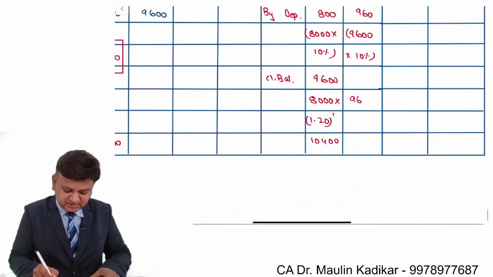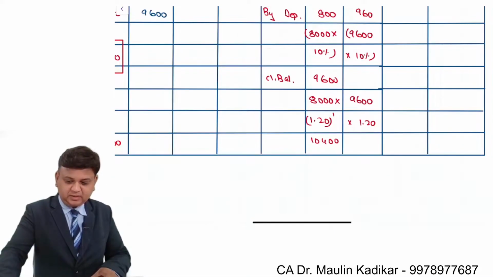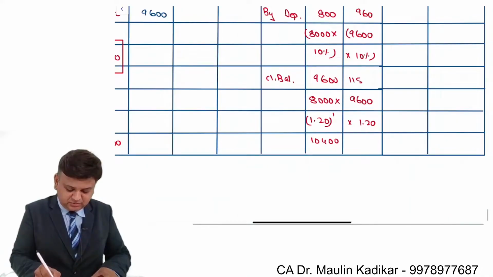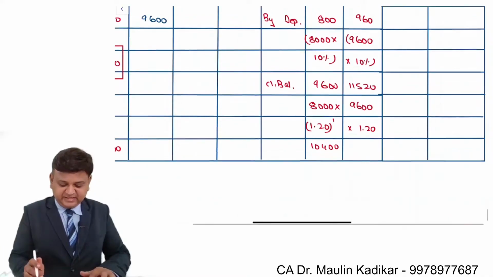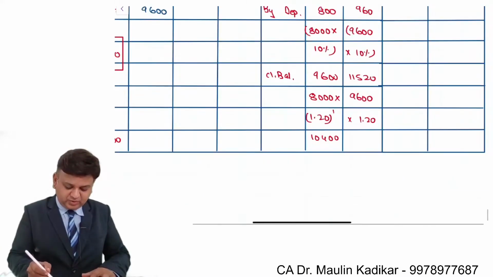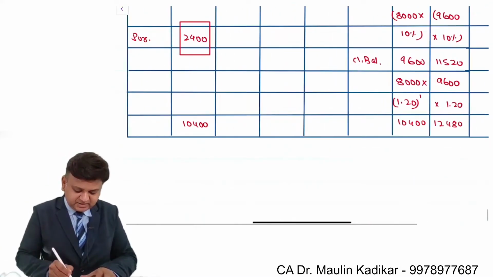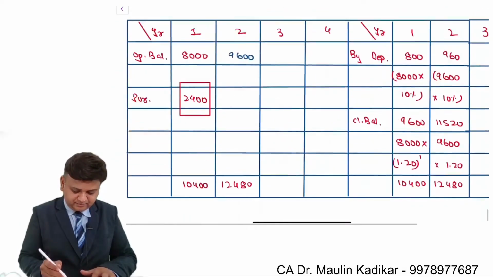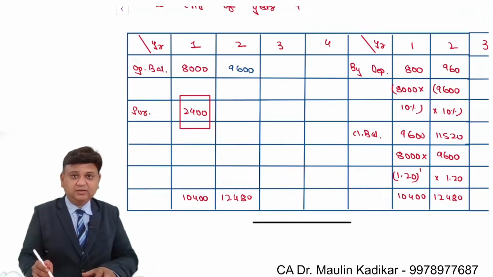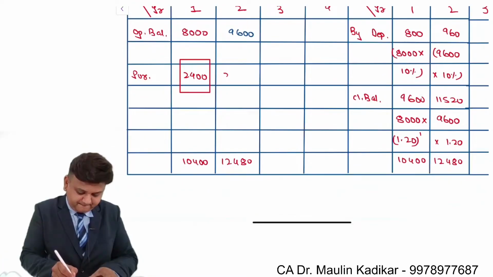Closing balance will be 9,600 into 1.20, that comes to 11,520, plus 960. So the credit side total is 12,480. Debit side it is 12,480 minus 9,600. So it is 2,880.